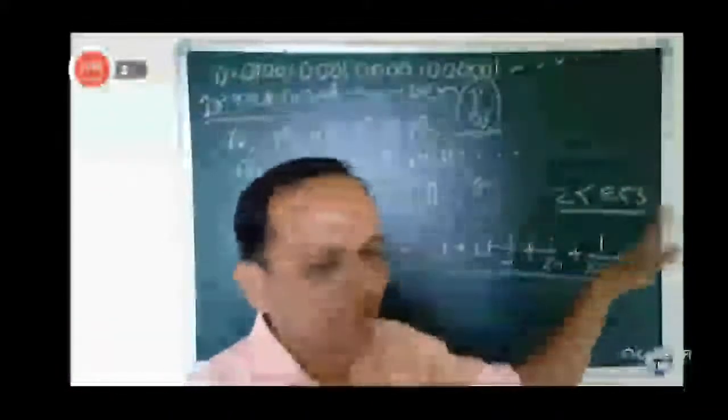This is an unlimited process; when we convert it into a decimal number, it is unlimited and non-repeating. So this is e.